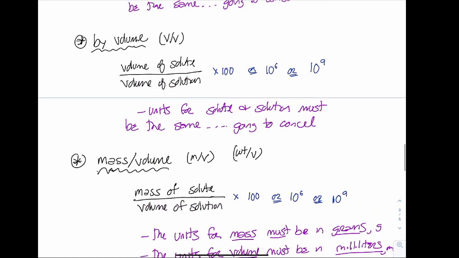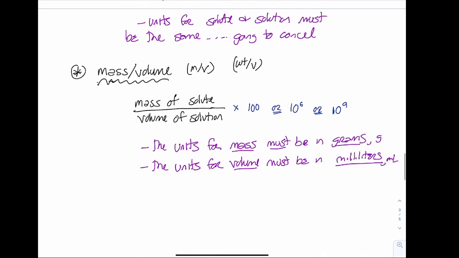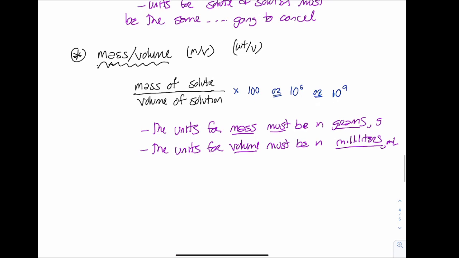Again, for volume percent, it didn't matter as long as the units on the top are the same as the units on the bottom because they cancel. Here, they don't actually cancel, but we're not going to show them because it's assumed that it's grams per milliliter. So anytime you're calculating a mass volume percent, you can just do the percent sign or the ppm or the ppb. You don't have to show units.